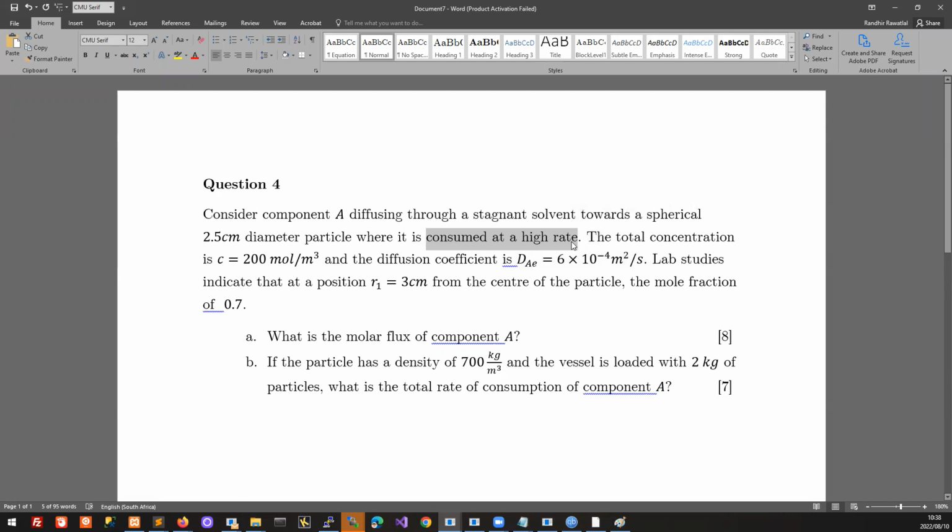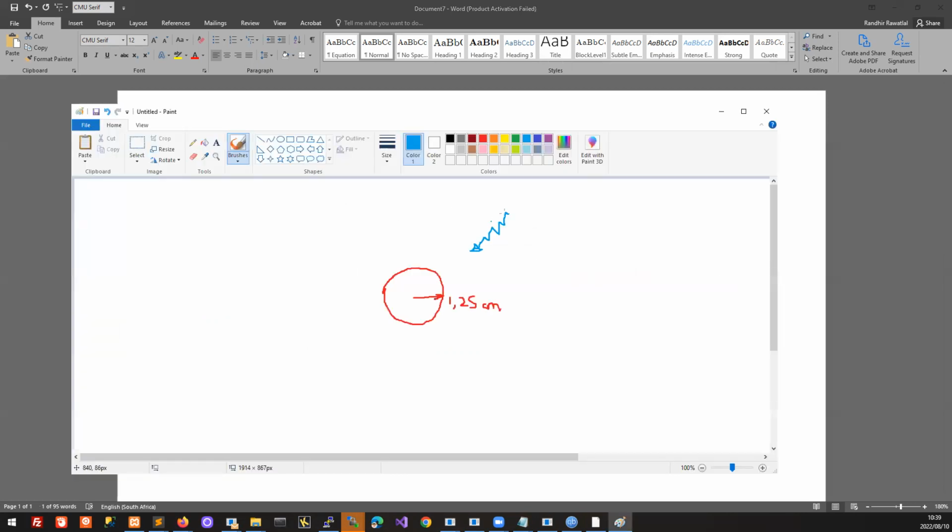So it's consumed at a high rate. That means the rate of consumption is high in comparison with the only other phenomenon happening, which is that A is diffusing. So A is consumed much faster than it diffuses. In other words, as A reaches the particle, it immediately gets consumed.